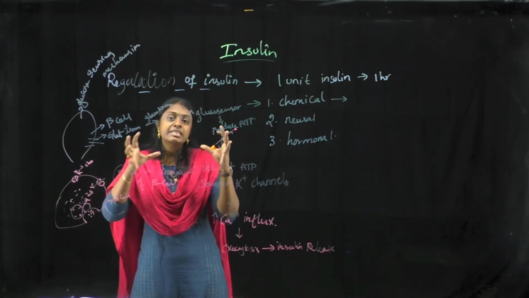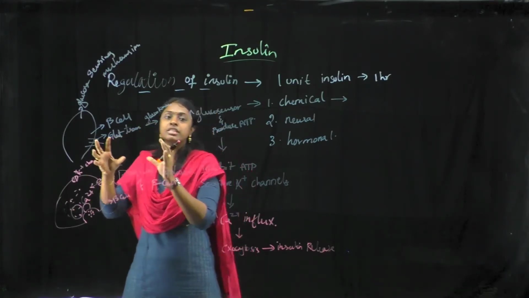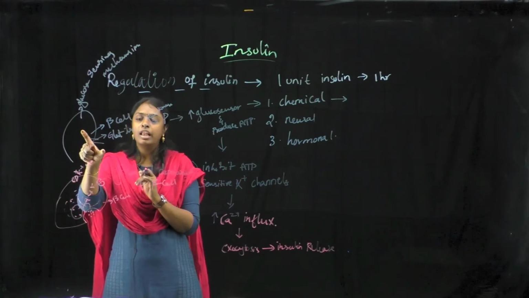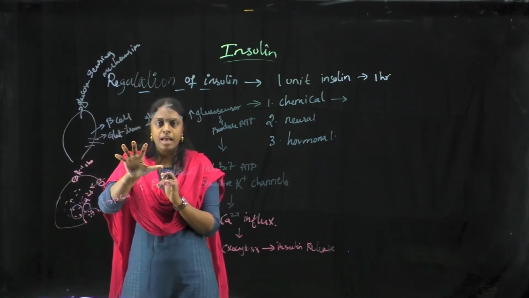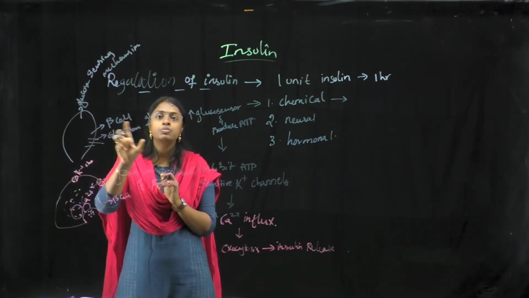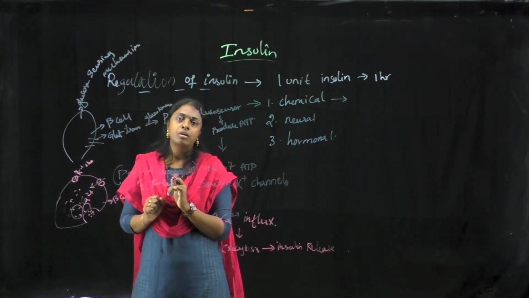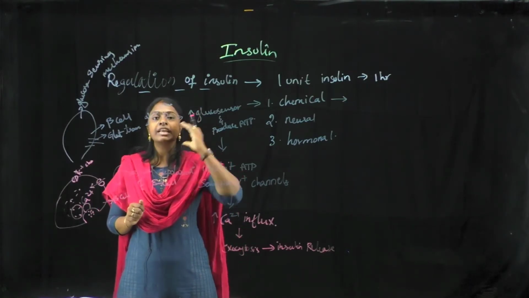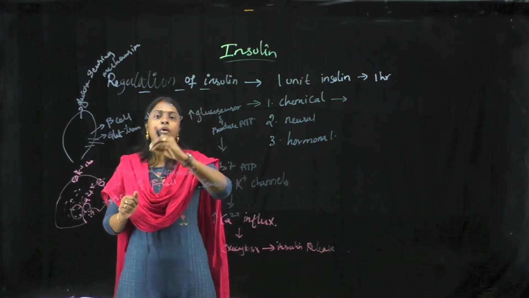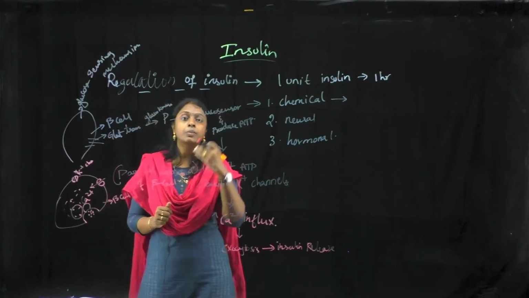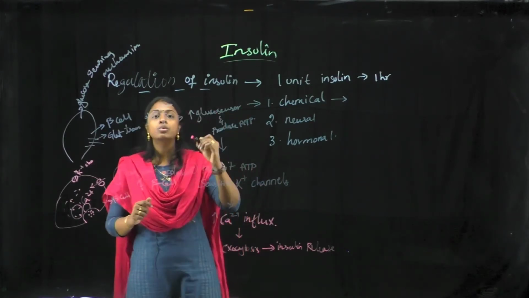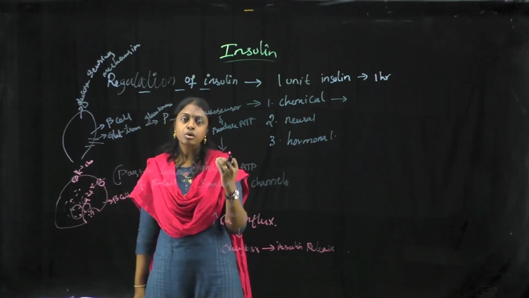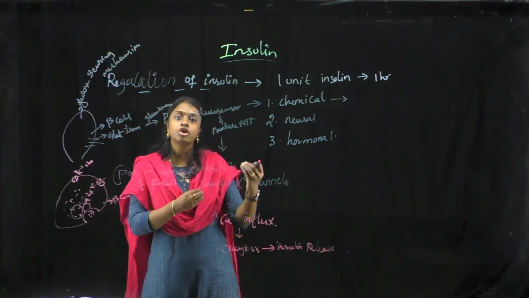So when glucose enters the beta cell with the help of the GLUT1 transporter, it gets phosphorylated by glucokinase, which increases the glucose sensors, and also increases the production of ATP.